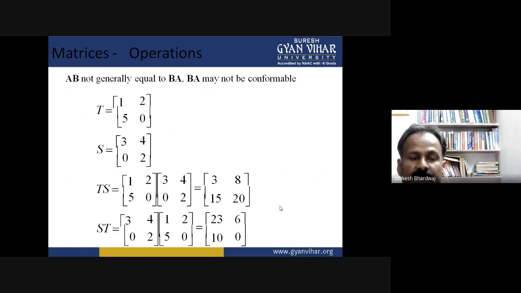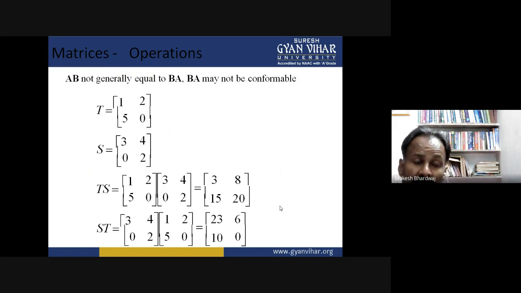Now we perform T into S first, and after that we perform S into T. T into S can be done as the number of columns of the first is the number of rows of the second. So the multiplication can be done and the resultant matrix is of order 2 by 2 also.